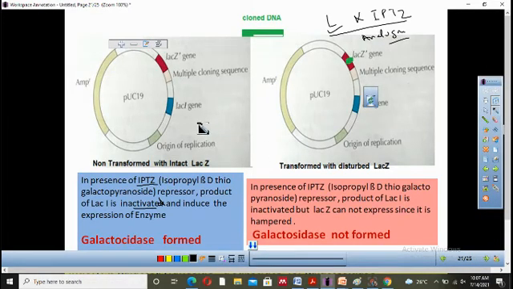When IPTG is present, the lacI gene will produce the repressor.